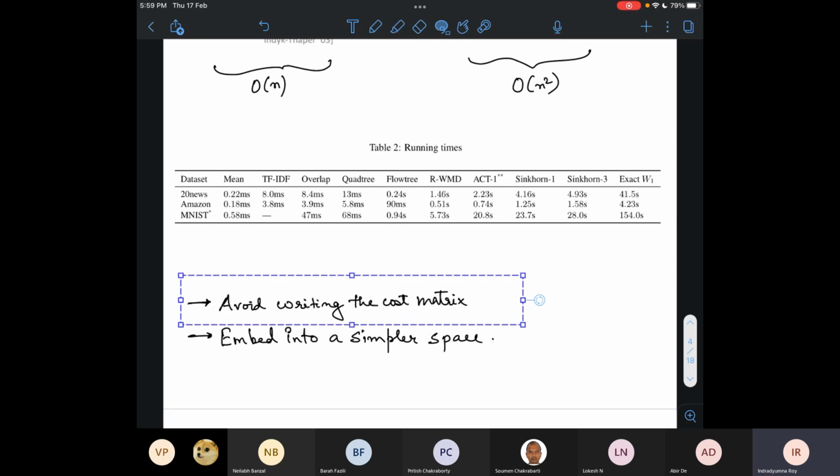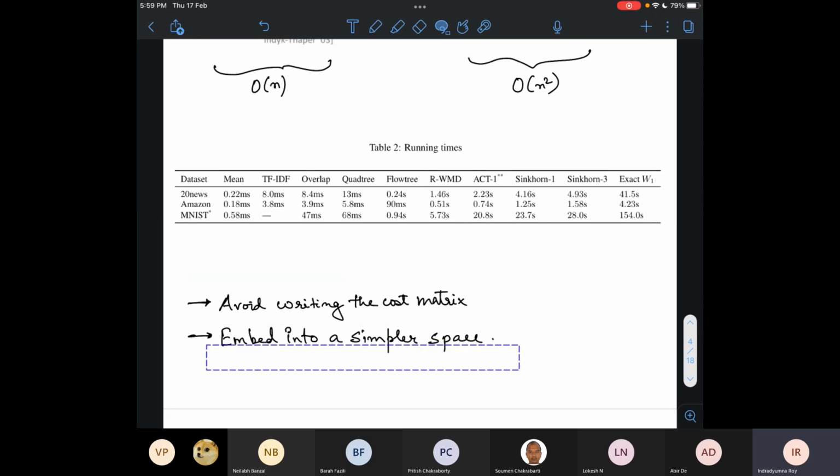The way people tackle this in the community is to embed the EMD metric into a simpler space, meaning L1, L2 space or something like that, where distance computation is super easy, and we also have well-known algorithms for approximate nearest neighbor search.